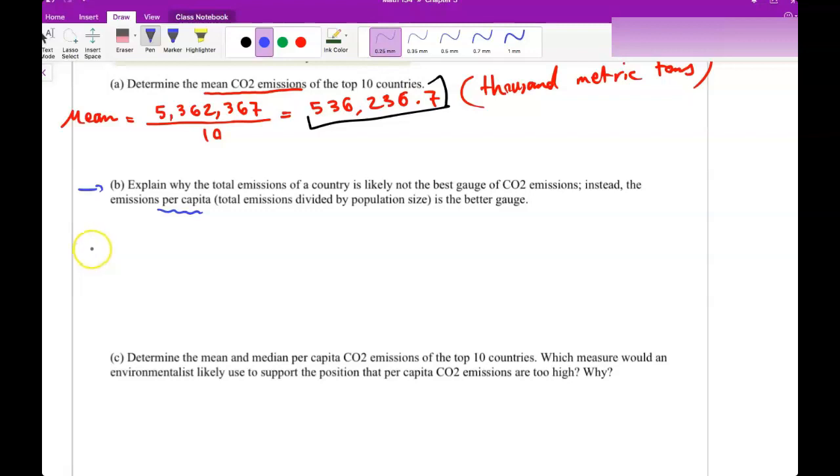After all, countries with more people will have higher emissions. So it's dependent on population size.